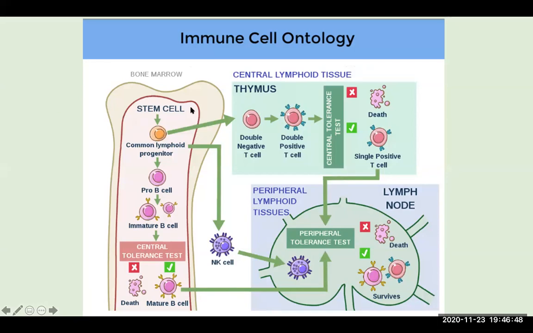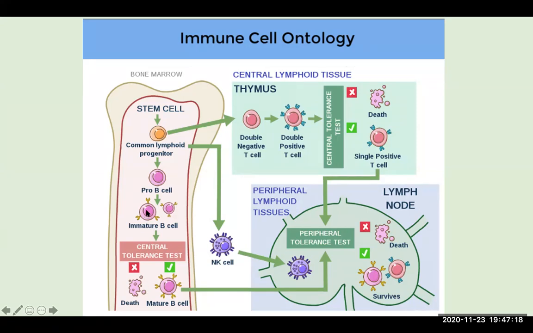Now we're back in the bone marrow, and we're looking at the lymphoid, and we call it a common lymphoid progenitor because this can make T cells, and T cells go to the thymus to mature. It could make natural killer cells, which migrate to the lymph node to mature. And it can also make B cells, which stay in the bone marrow to mature.